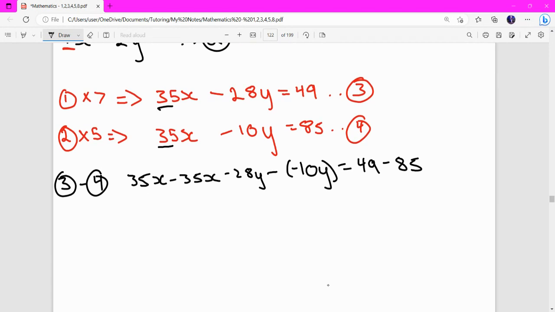So 35x minus 35x cancel off, you'll get 0. Put back your negative 28y. Negative and negative in the middle return to a plus, you would have 10y. That is equal to 49 minus 85, which is negative 36.